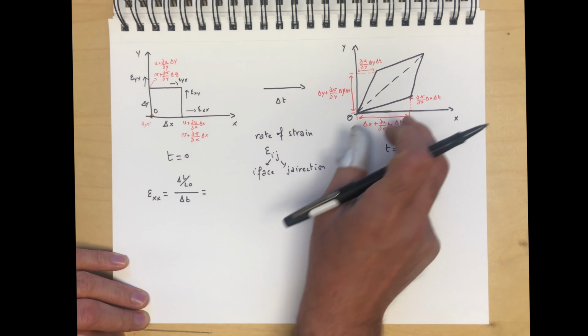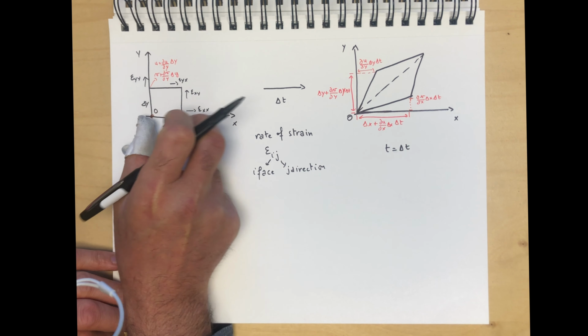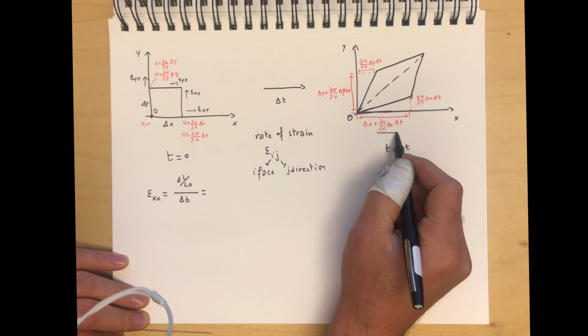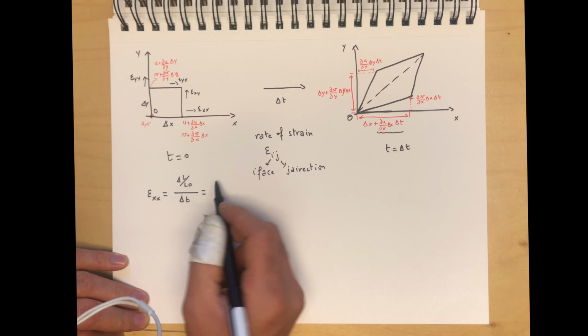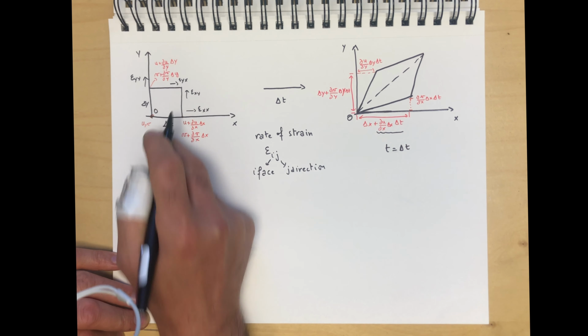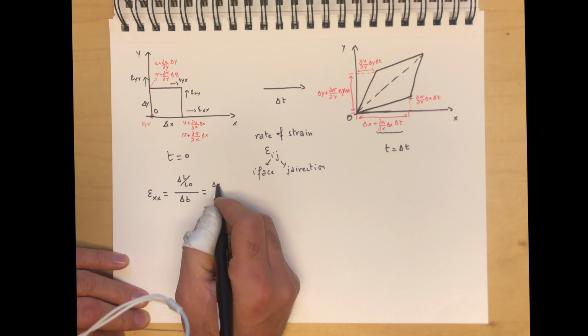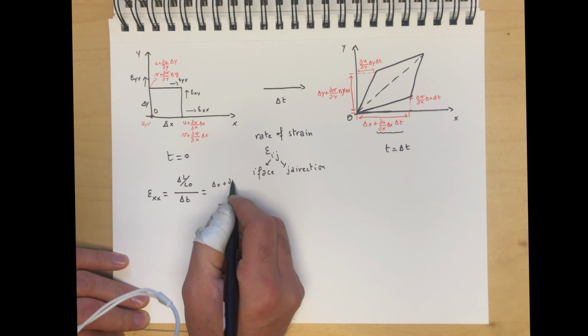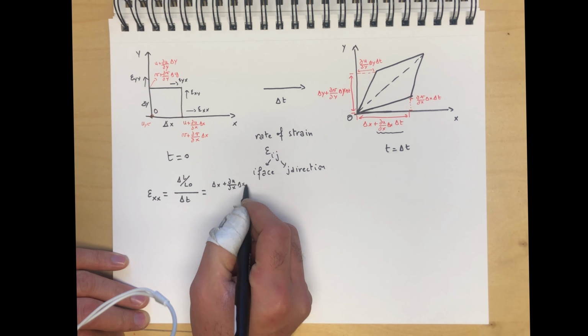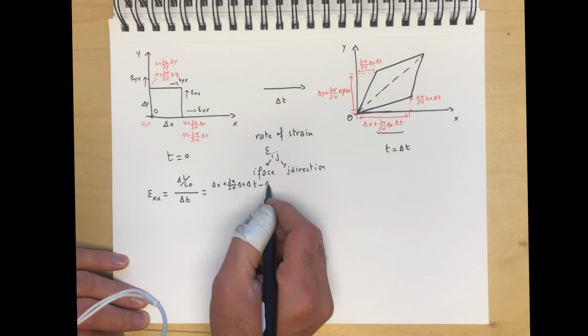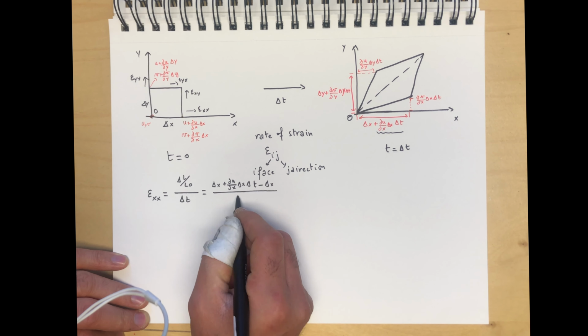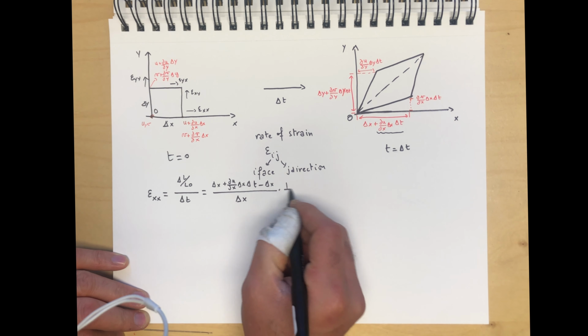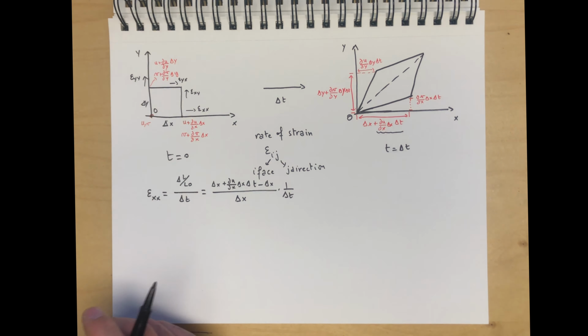Now delta L is by how much this was stretched, or you can take this total distance minus delta x. So that's delta x plus du by dx delta x delta t, minus delta x, over delta x, times 1 over delta t.